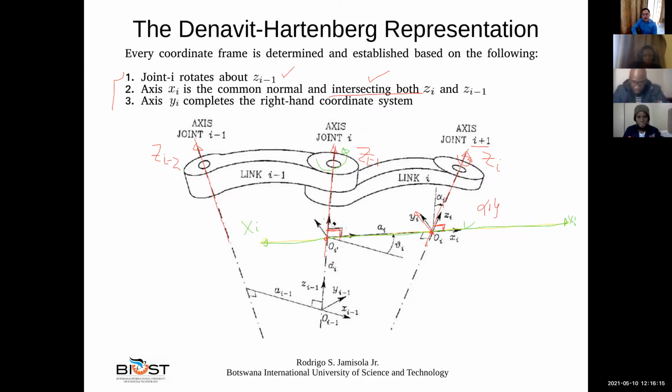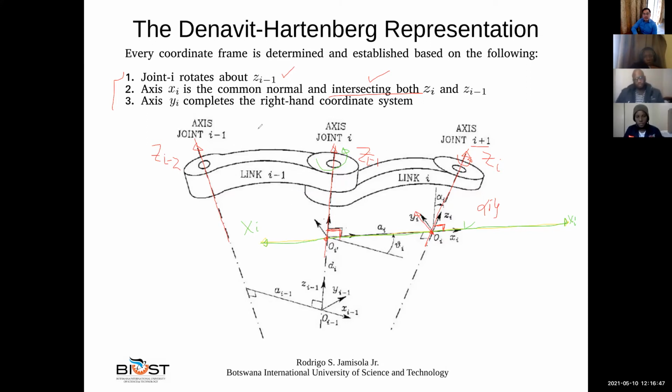If you build frame I minus 1, it will be based on frame I minus 2, correct? We only know the origin of frame I. But do we know the origin of frame I minus 1? We don't.